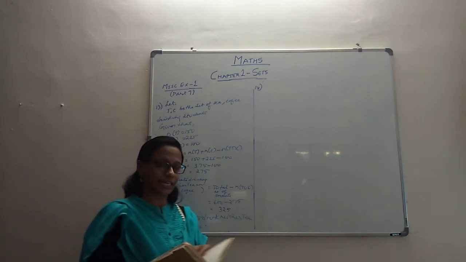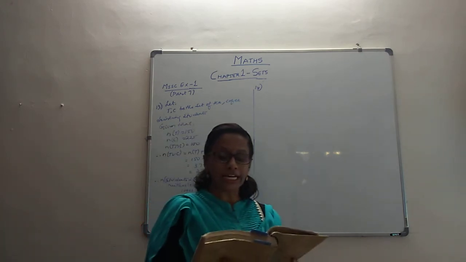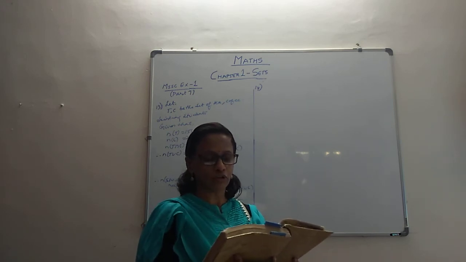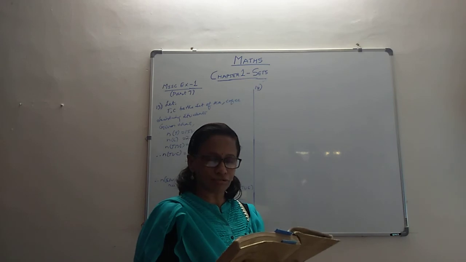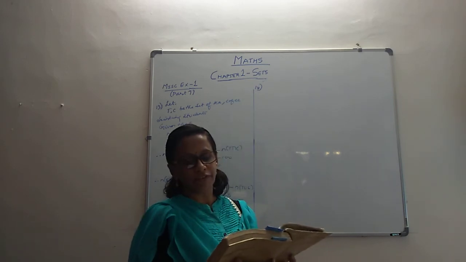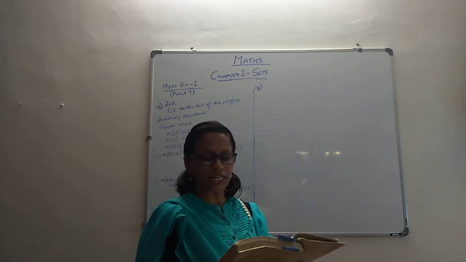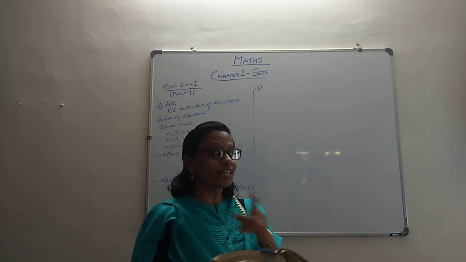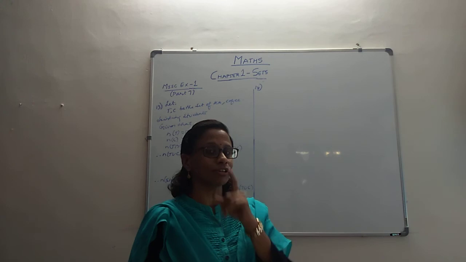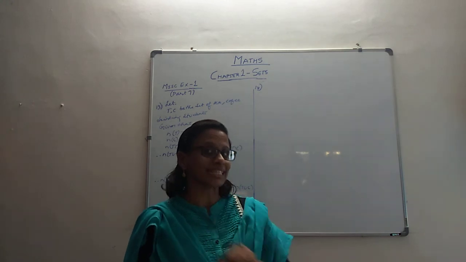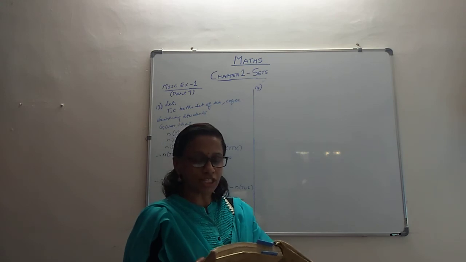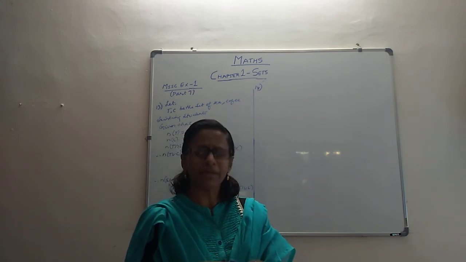Now let's quickly move to problem number 14. In a group of students, 100 students know Hindi, 50 know English, 25 know both. Each of the students knows either Hindi or English, then only you can get the union as the total. How many students are there in the group?